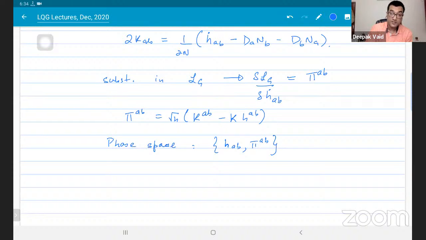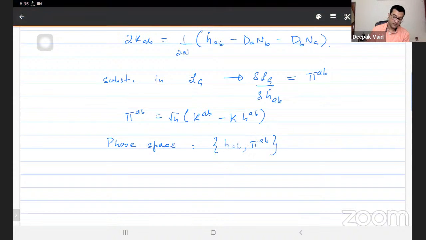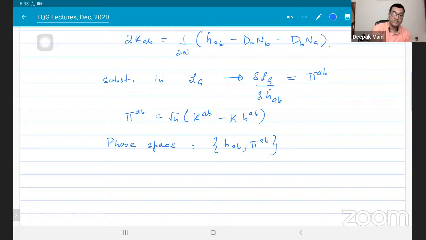So a point in phase space should basically define the full geometry of the system, right? It should specify the full system at some initial time. And that's what these two quantities together do. This tells you the geometry of the 3-hypersurface.